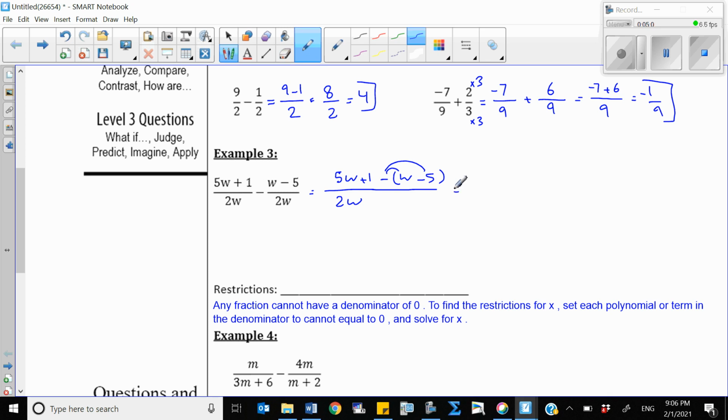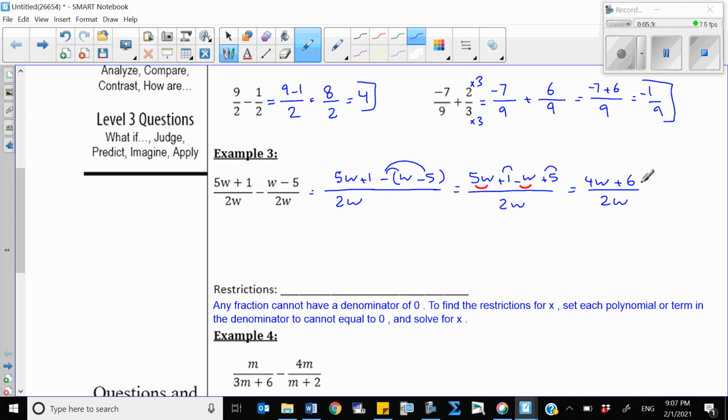Okay, so it's going to be 5w plus 1 minus w, and minus negative 5 will be plus 5. Next, I need to find the like terms and combine them. So 5w and negative w will be 4w. And 1 and 5, 1 plus 5 is 6. And the denominator is 2w. Okay?